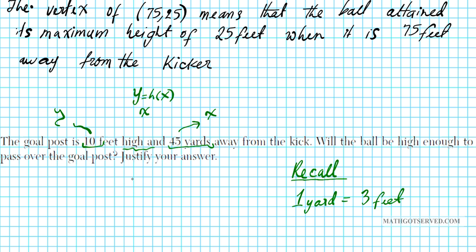Okay, so there's still some work we have to do here. We're not dealing with yards, we're dealing with feet. So what is 45 yards in feet? 45 yards is equal to 3 times 45 feet. So we have to be really careful with our units here to make sure that it's consistent.